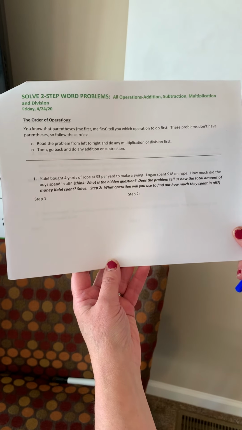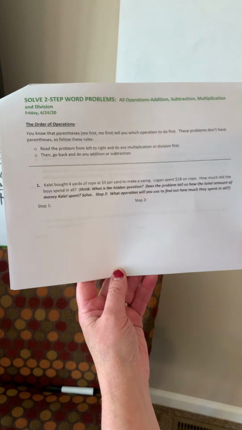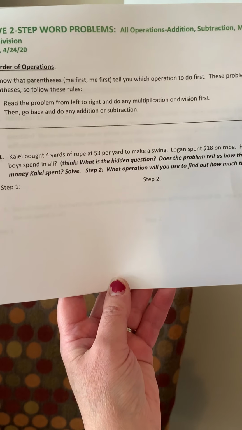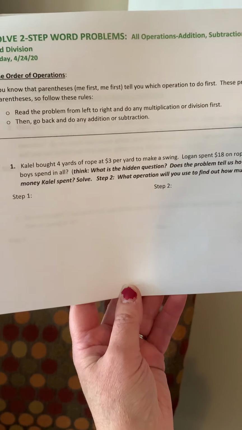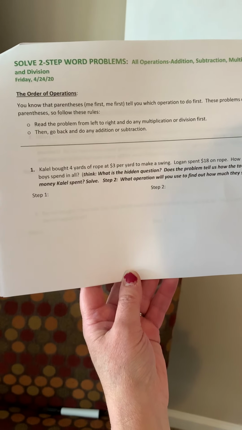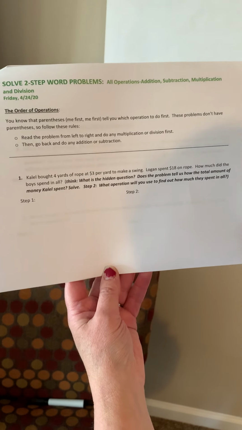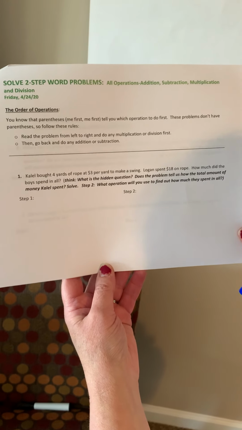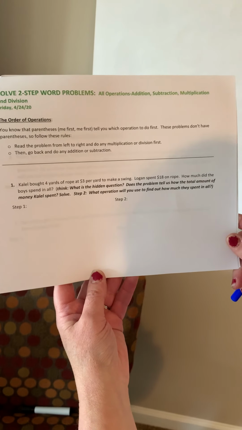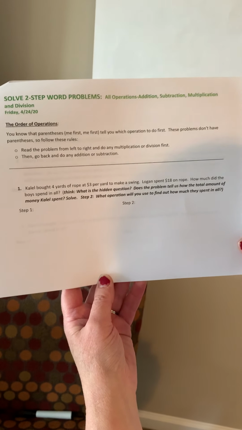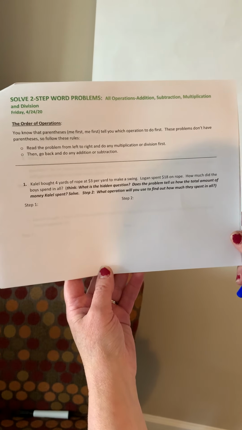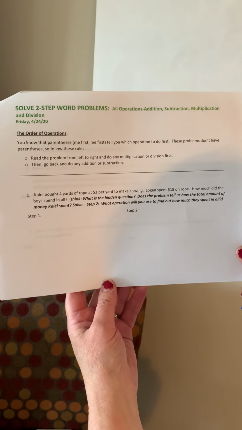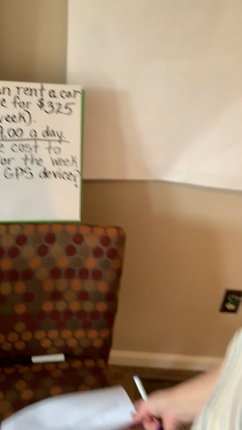You read the problem from left to right, and do any multiplication or division first. Did you hear that? Multiply or divide first. Then go back for step 2 and you will do any addition or subtraction. So multiplication or division is step 1. Addition or subtraction is step 2.